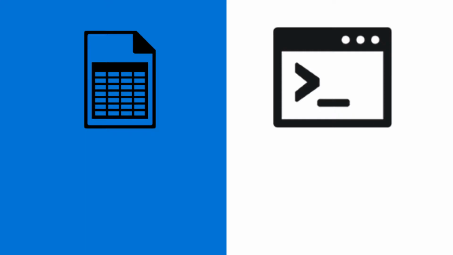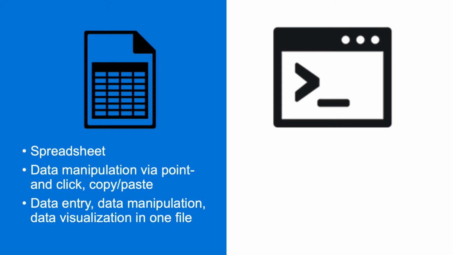What I'm going to do in the next part of the lecture is compare and contrast two methods of data analysis. One I call the classical one. It's the spreadsheet-based one that we're all used to doing, I think. You manipulate data in a spreadsheet with a point and click or a copy-paste. And there tends to be a lot of data entry, data manipulation, and data visualization, and it all happens in one file, right? You have one file that handles all of that analytical work.